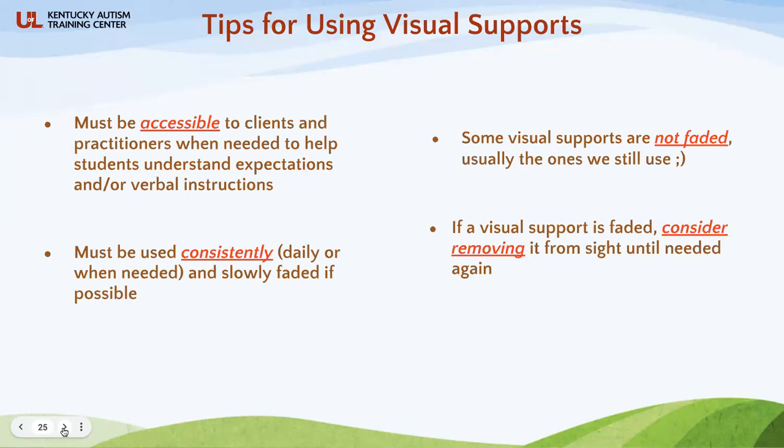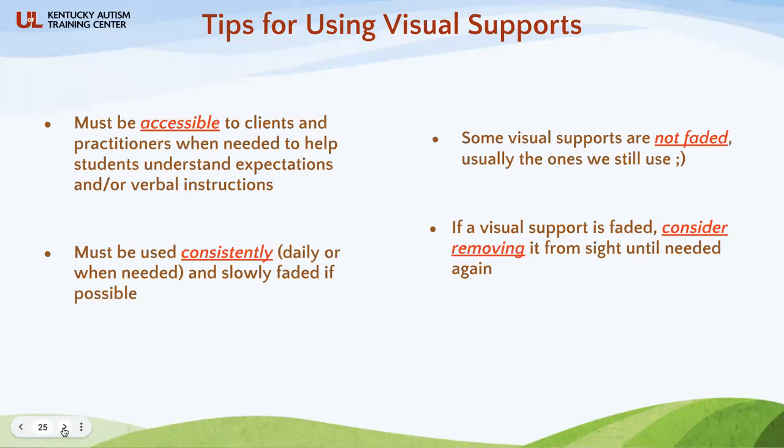So if the teacher, or you as the guardian or parent, have a visual cue with some of the statements that this child can use to request things, then that will help them as well, and they'll rely on that. So again, remember, model, and use it consistently during times when the student needs it the most. Remember that some visual supports are not faded because we use them too.